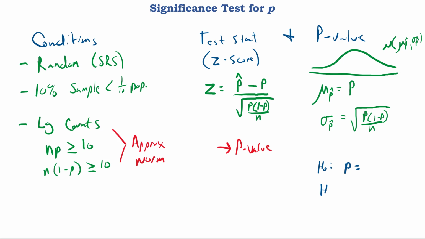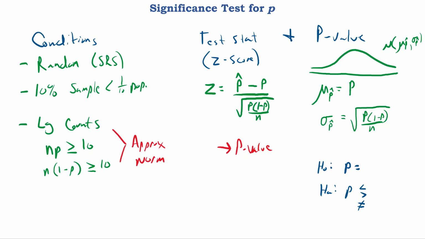And your alternative, depending upon how the problem is set up, is that the proportion is going to be less than, greater than, or not equal to, depending upon if it's one-sided or two-sided. Again, one-sided is dealing with greater than or less than, and two-sided is dealing with not equal to. So that is how those are going to be set up. So don't forget about your null and alternative hypothesis moving forward.